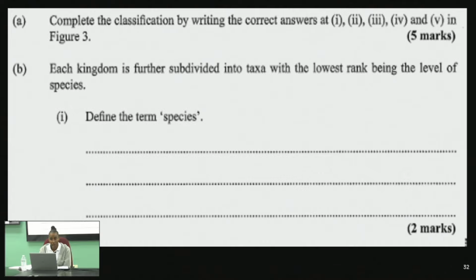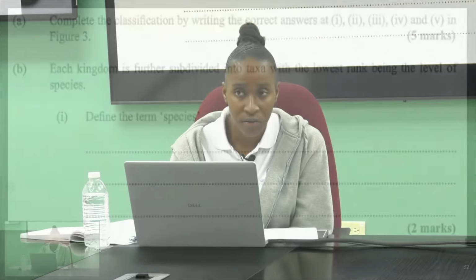All right, so just filling in those missing words would have allowed you, as you will now see, to get your 5 marks. Now, B says each kingdom is further subdivided into taxa, with the lowest rank being the level of species. Now you're asked to define the term species, and it's asking for your biological concept definition of species.